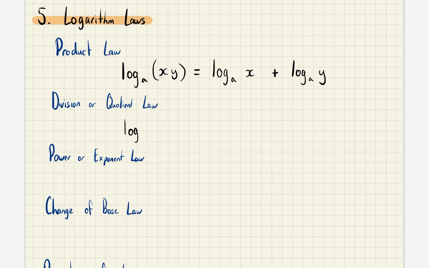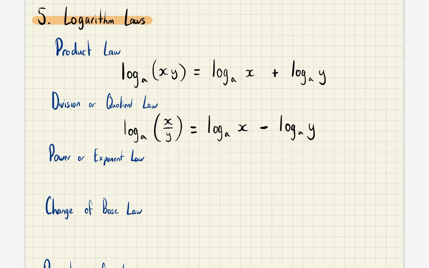So if I have a log with a base, and in it I've got a number divided by another number, I can rewrite that as a log with the same base, with the thing on top, minus log with the same base, with the thing on the bottom.